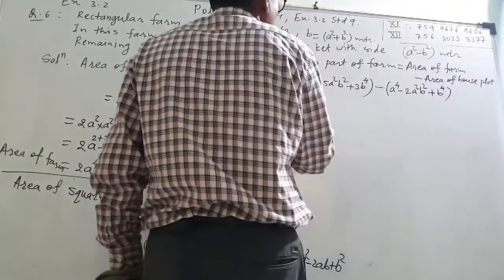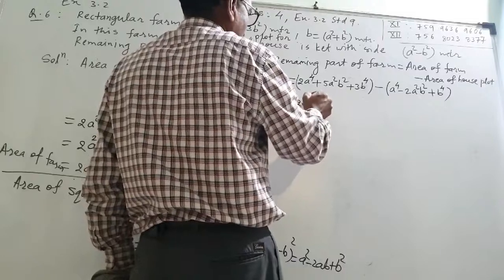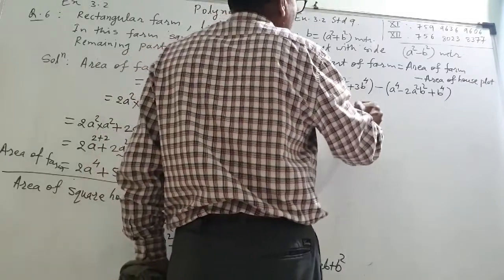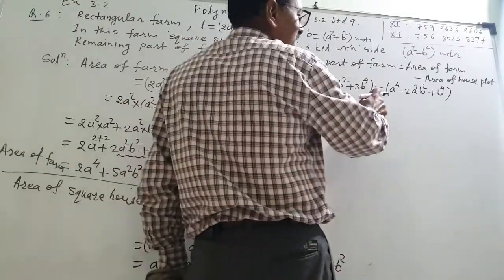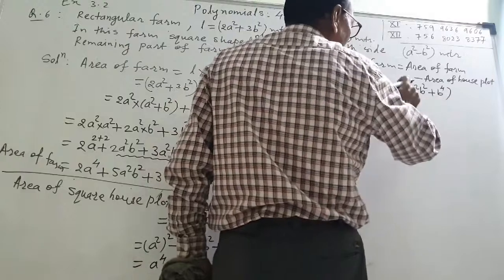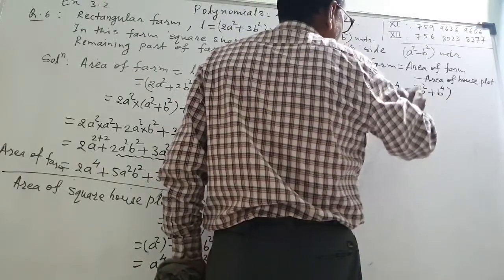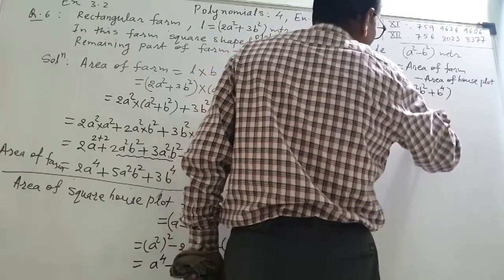That is equal to, I will open the brackets, 2a raised to 4 plus 5a square b square plus 3b raised to 4. Now this is the minus sign. While opening, I have to change the signs. So minus a raised to 4, this will become plus 2a square b square, and this will become minus b raised to 4.